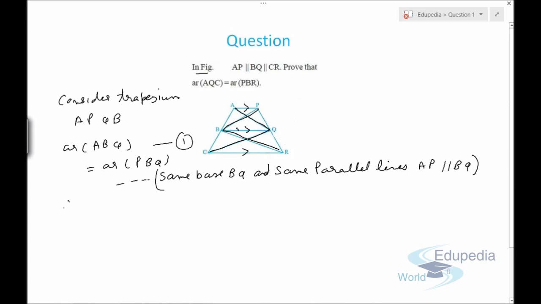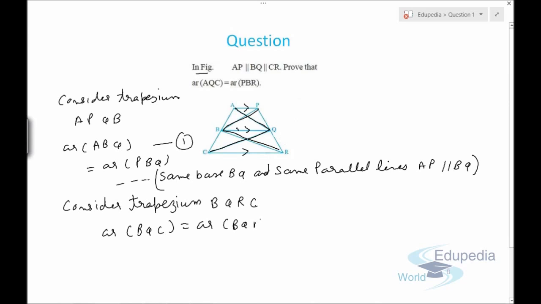Now if you again consider trapezium BQRC, in this trapezium again area of BQC is equal to area of BQR.